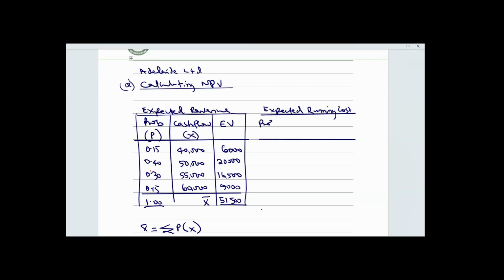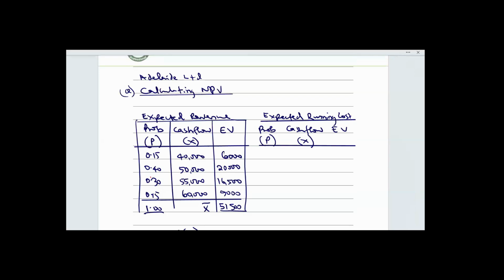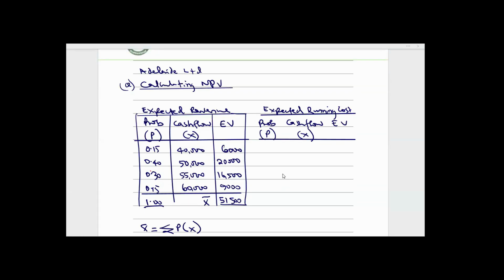So probability, cash flow, expected running cost. So what are the probabilities for running costs? 0.40, 0.25, 0.35.